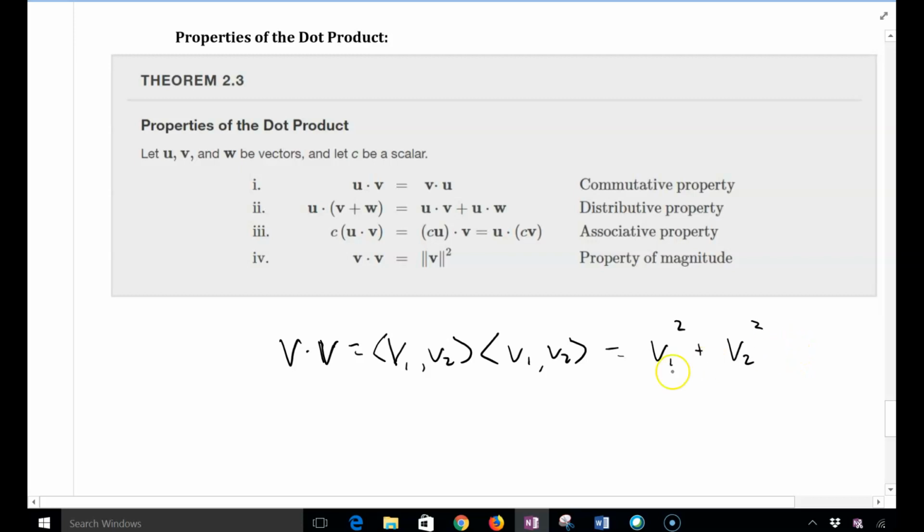And that's exactly equal to the magnitude squared, because keep in mind that the magnitude of a vector v is the first component squared plus the second component squared for a 2-space vector. The third component would be in there if we had a 3-space vector. So that result follows from there: the dot product of a vector with itself is equal to the magnitude squared.